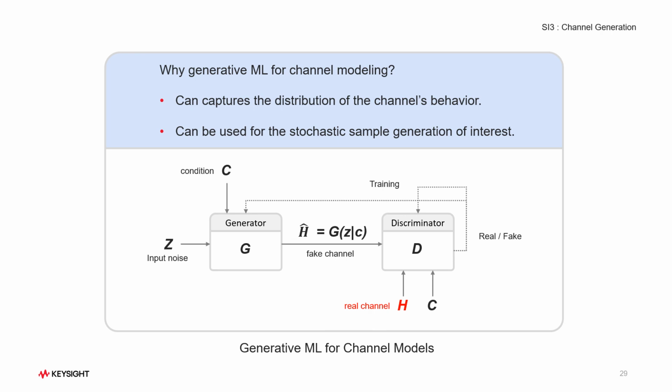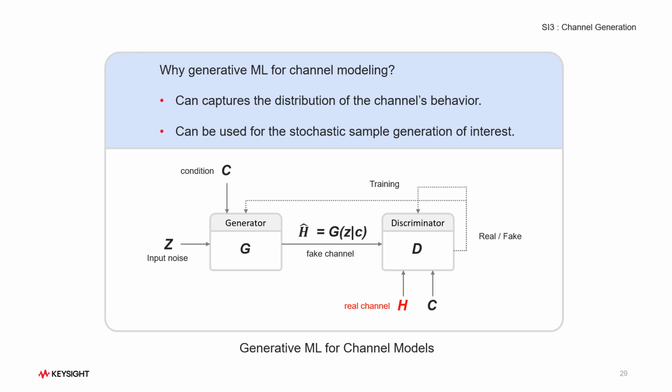Meanwhile, the discriminator acts as a classifier, working to differentiate between genuine channels, represented as H, and synthetic channels, denoted as H hat. These two networks are subsequently trained through an adversarial process, akin to a competitive game with zero-sum outcomes, where each network's gain is the other's loss.